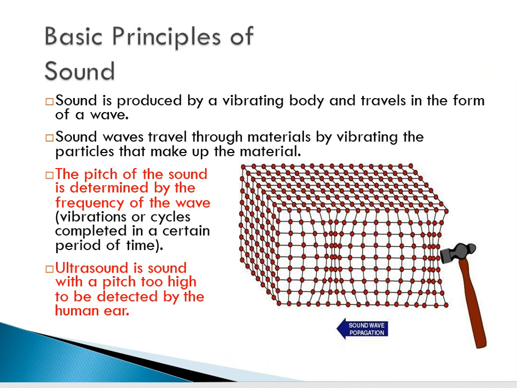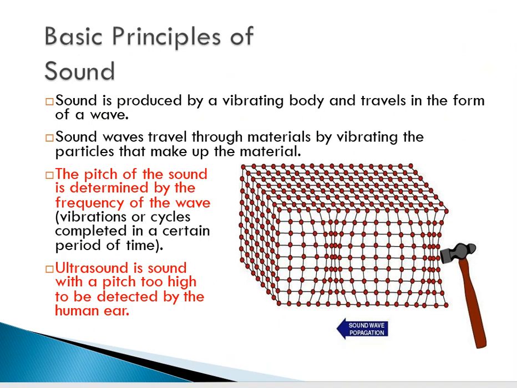The basic principle of sound is that sound is usually produced by vibrating a body, and it travels in the form of waves. Sound waves travel through the material by vibrating the particles that make up the material.